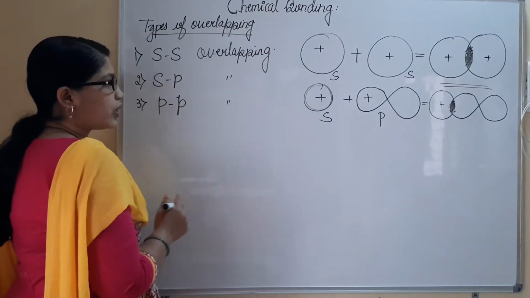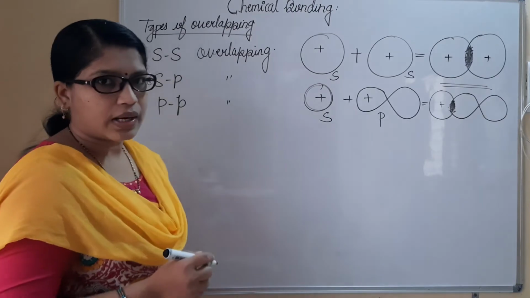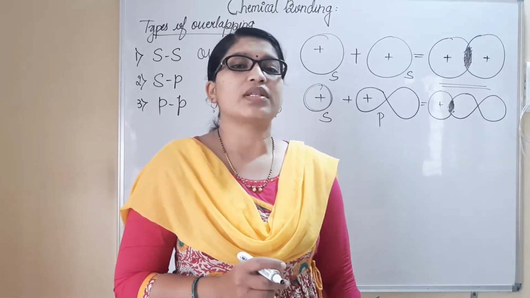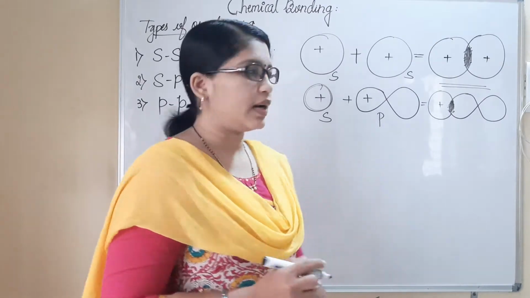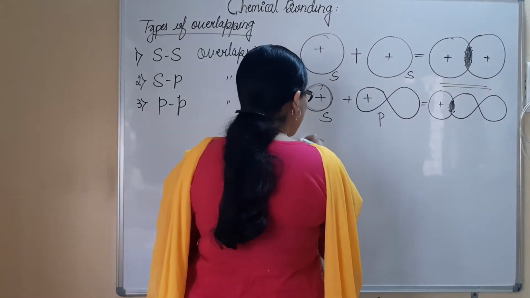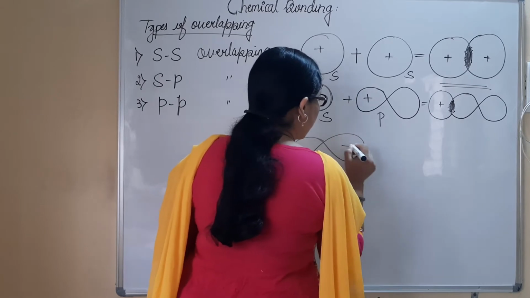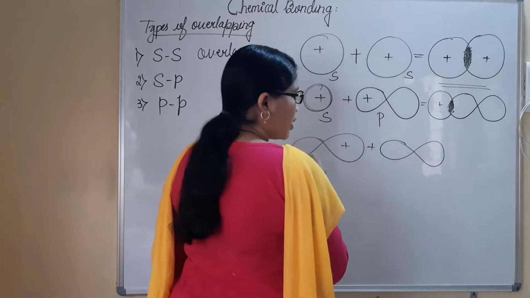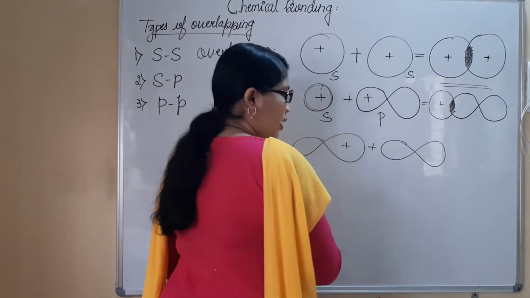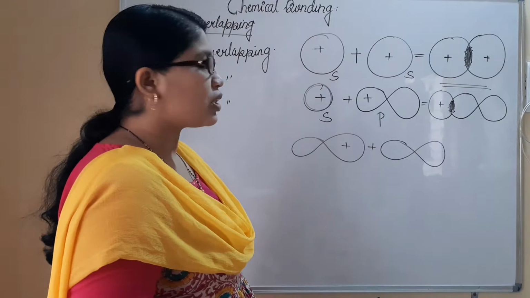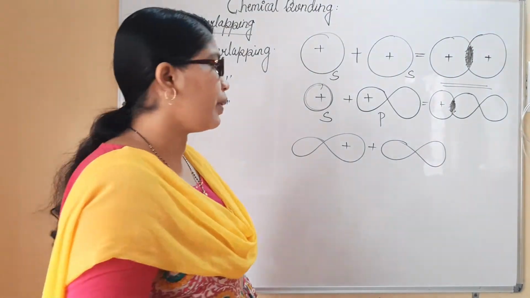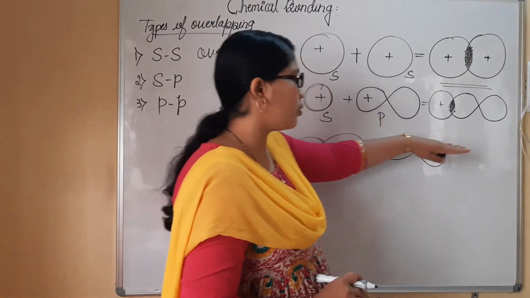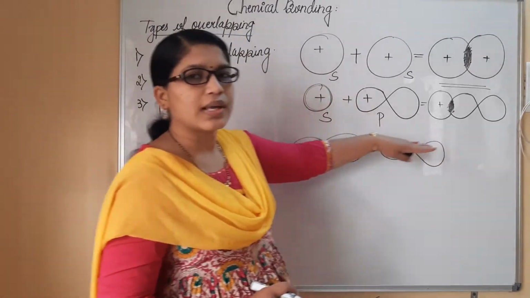Similarly, I have the third category, PP overlapping. Whenever we consider PP overlapping, we must have two P orbitals. For example, both P orbitals may have head-on overlapping or they may have sideways overlapping. Generally, PP orbitals will have head-on, or axial, overlapping along the internuclear axis.